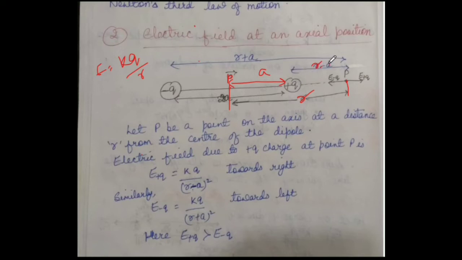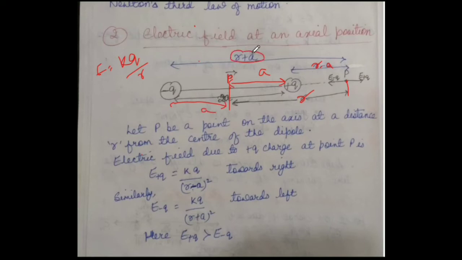Again, due to this minus q charge, what is the distance to point P? From the center to point P, the distance is r, and from the center to the charge, the distance is a. So the total distance from the minus q charge becomes r plus a.